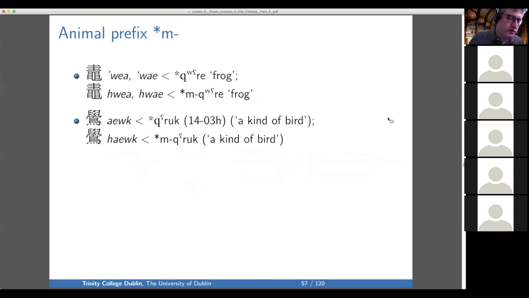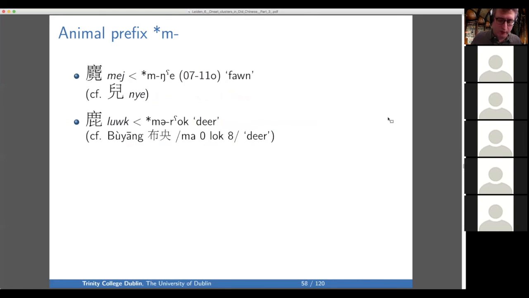where you can have multiple readings of a character that refers to an animal. So they point in particular to frog and to a certain kind of bird. And they think that this alternation can be explained with an M prefix. And then they also have it for fawn and for deer.